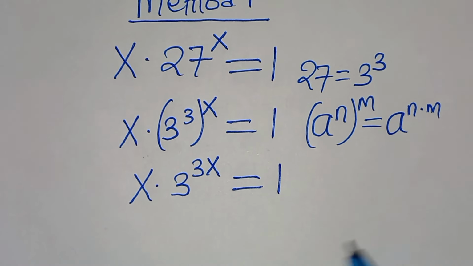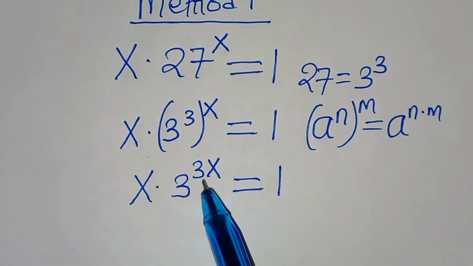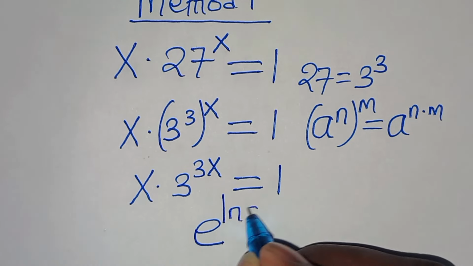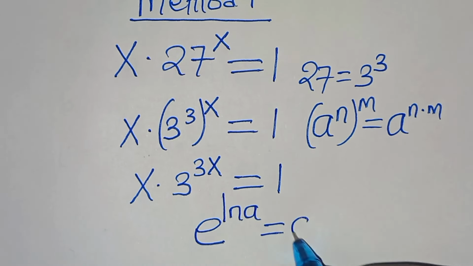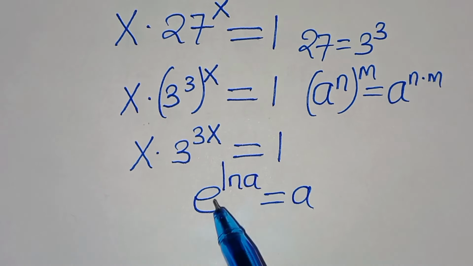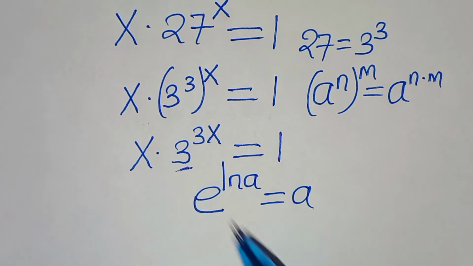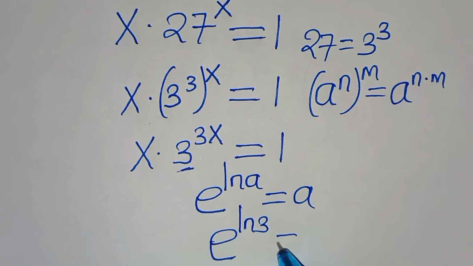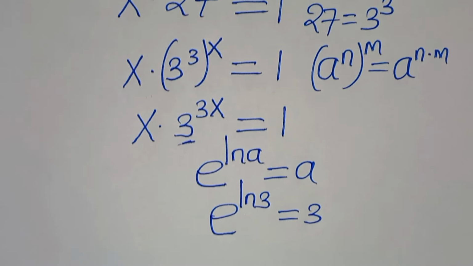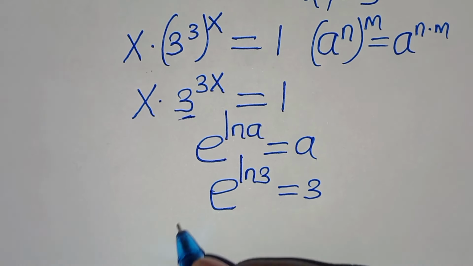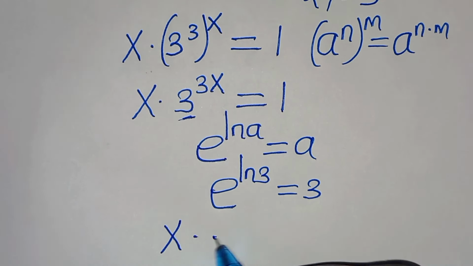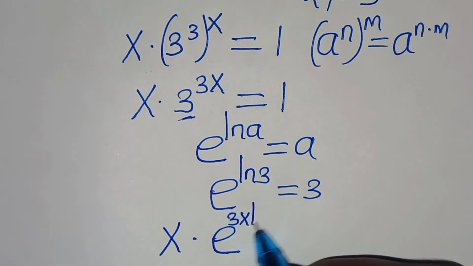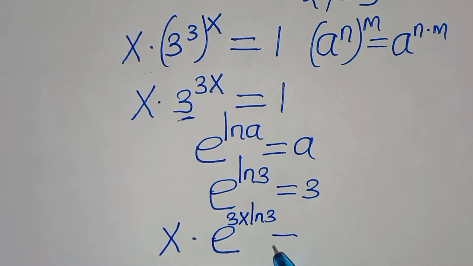Now, let's introduce the exponent property that e to the power of ln of a is the same thing as a. So we can express 3 as e to the power of ln of 3. Substituting this, we have x multiplied by e to the power of 3x ln of 3, equal to 1.